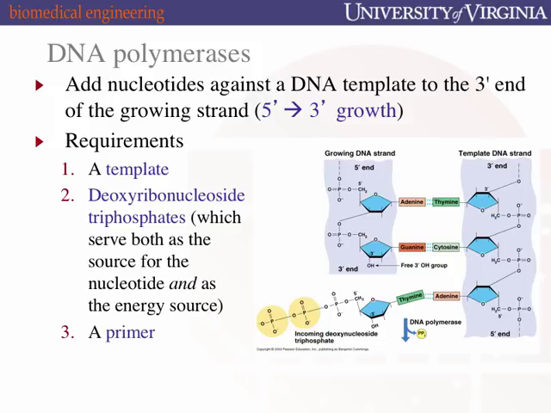It's called inorganic pyrophosphate. It's inorganic because there's no carbon, pyrophosphate because there's 2 of them there. That is thermodynamically favorable. So this is the delta G, negative, all that stuff that you learned earlier in the class. So that's the release of the energy that then will create this bond.